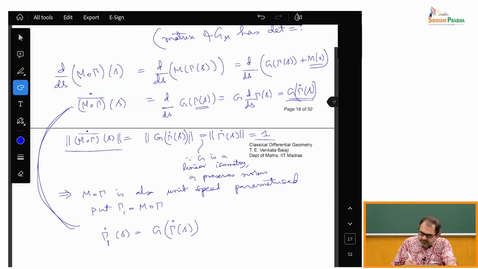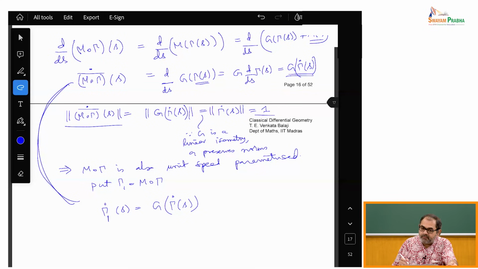But you see, gamma dot is a C1 unit vector, so it has a turning angle, all right, and the rate of change of that turning angle is exactly the sign curvature of gamma.